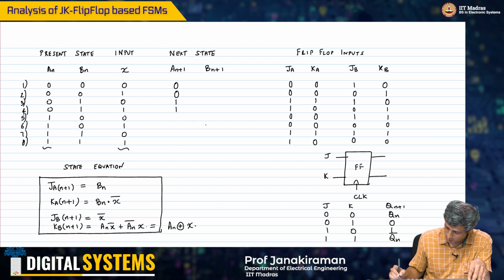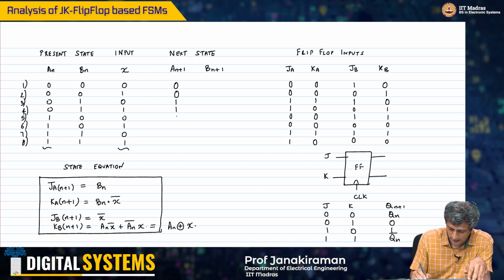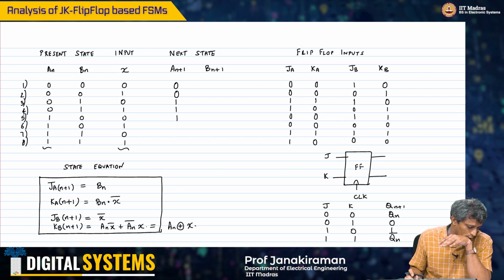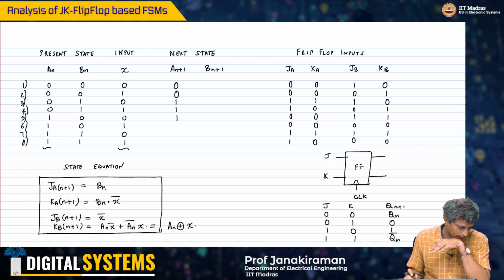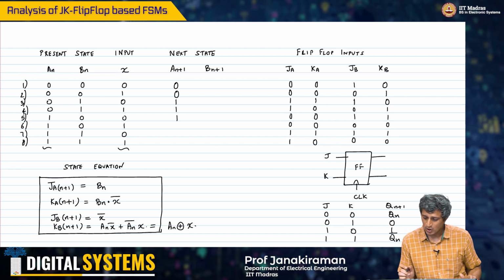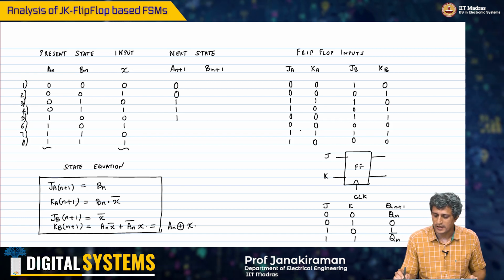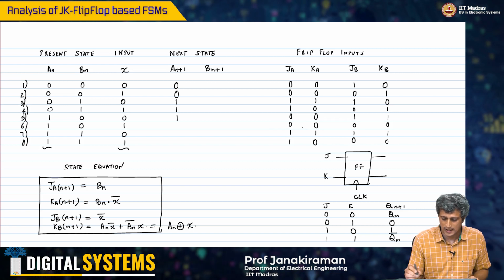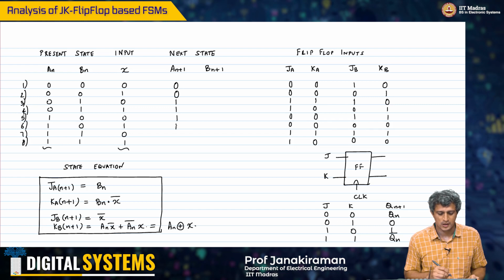Whatever An is, it will just continue to hold that for you here. Then again JA and KA are 0 0 in the sixth entry, so whatever An is, it will just hold it.